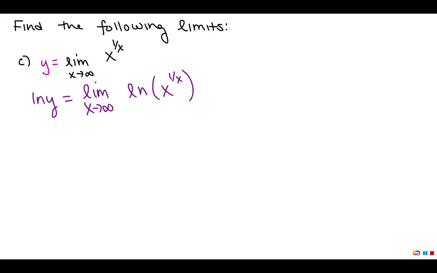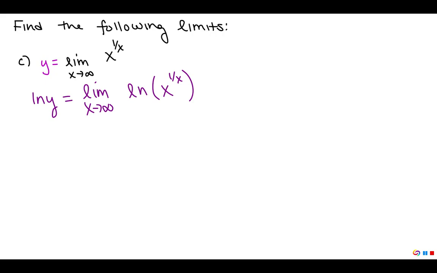And so this is the strategy we're going to do. We're going to let y equal the original problem. So y equals limit x goes to infinity, x to the 1 over x. And then we're going to take the natural log of both sides. So we get natural log of y.